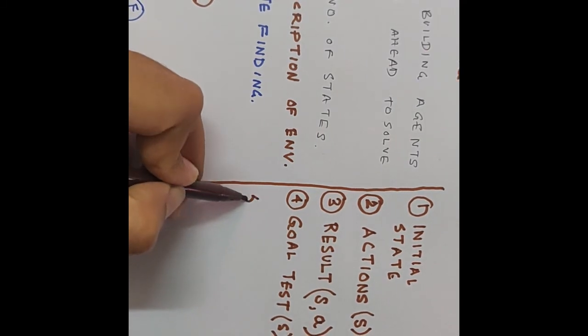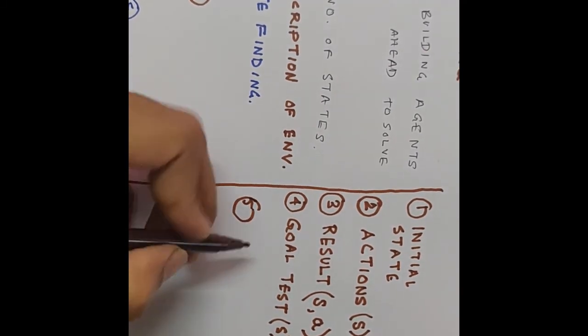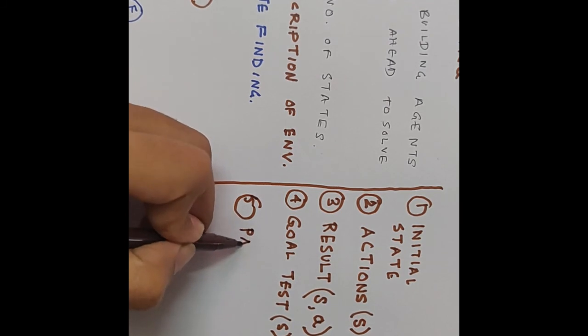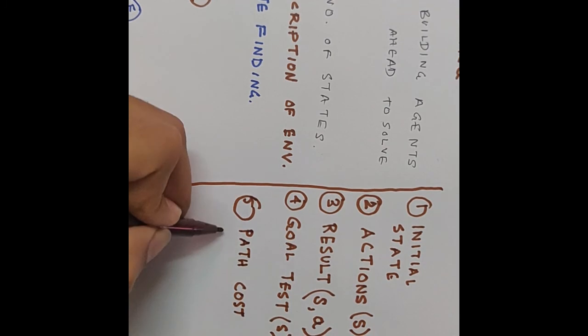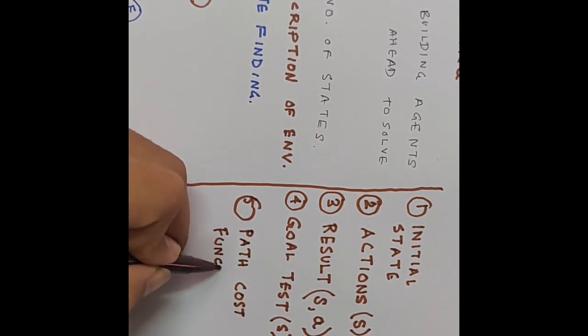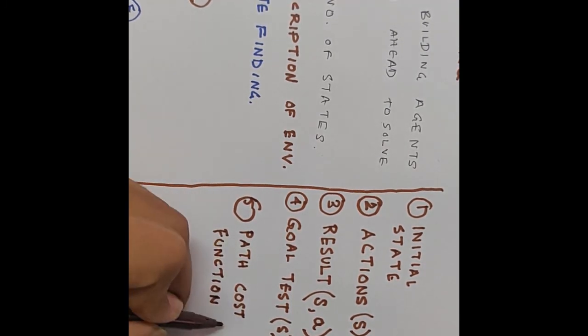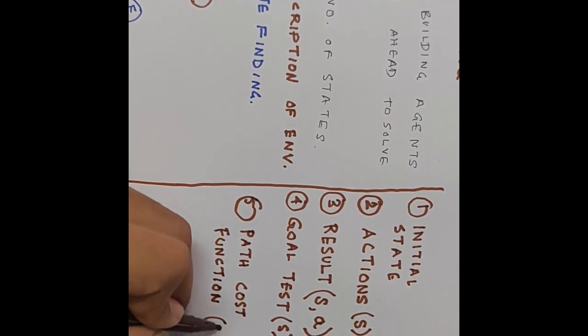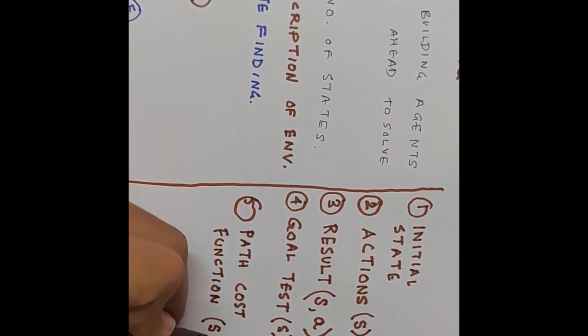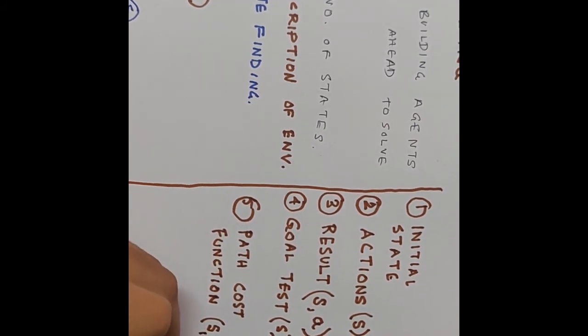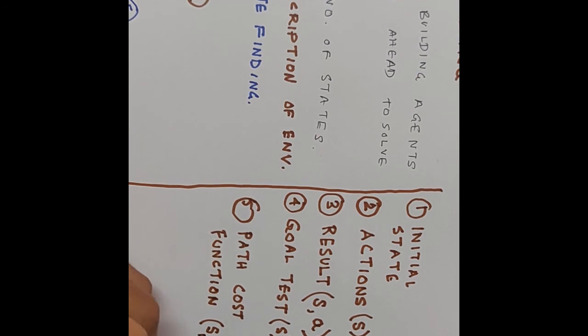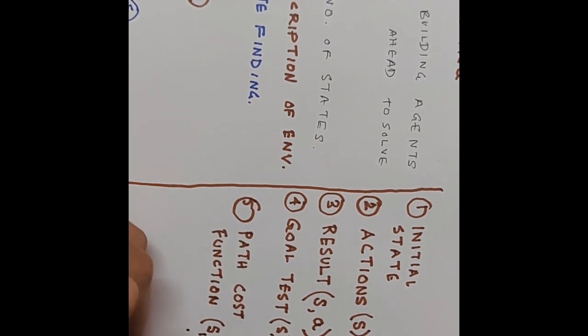Then I will have a path cost function. And what do I mean by that? I was in state S1. From that I took an action A1 and went to S2. Then I did an action A2, I went to S3 and so forth.